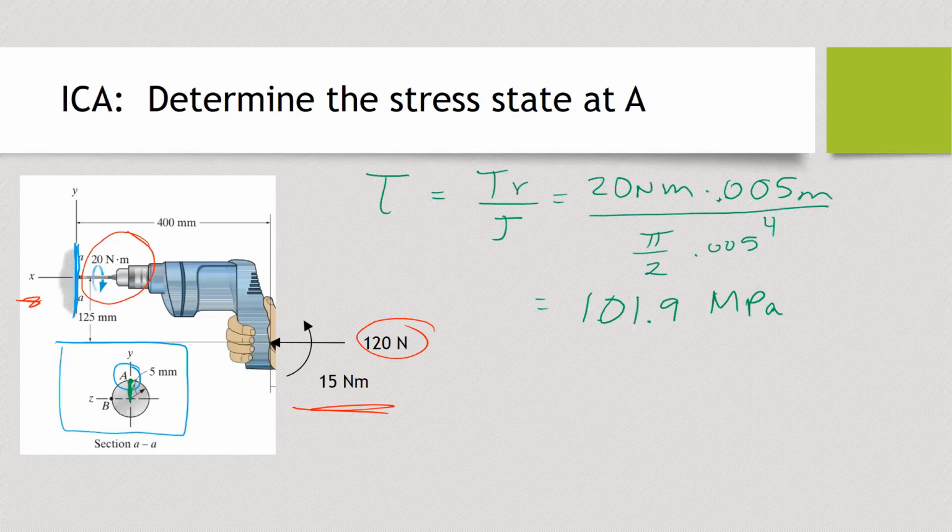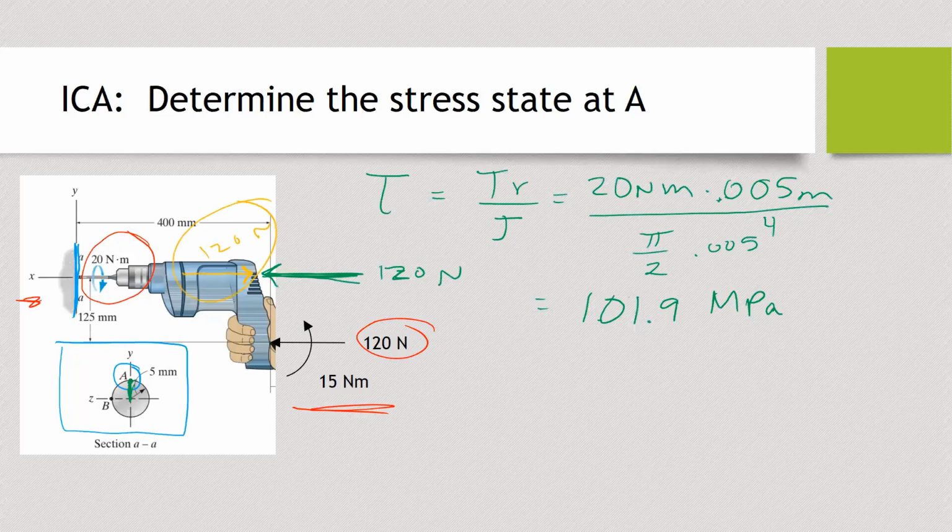Perfect, so we want to move them to the point that we're interested in. In particular, we need to move the force to the centroid of the cross-section, not to point A, but to the centroid of the cross-section. So I need to move that force here, so I'm going to put my 120 Newton force. But if I move that force, I need to add a 120 Newton force in the opposite direction so that I'm essentially adding 0 to this system.